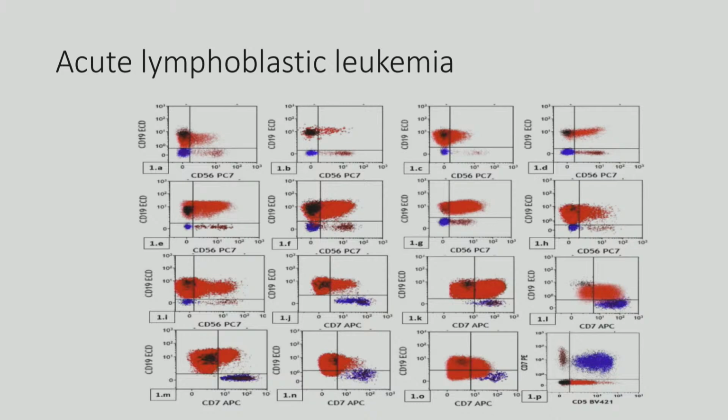When we are suspecting T cell leukemia, pathologists will look whether T cell markers like CD3, CD5, CD7 are expressed. When we suspect myeloid leukemia, they use different types of markers.